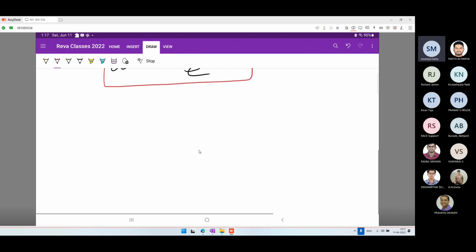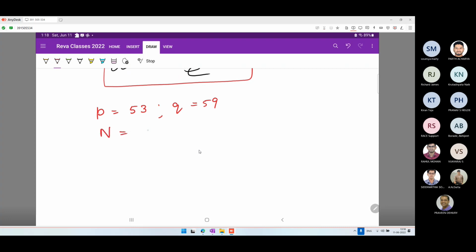Let us take a very simple example. Say P is 53 and Q is 59. Both of them are prime numbers. So what will be N? Tell me. Can somebody please volunteer to tell me the value?